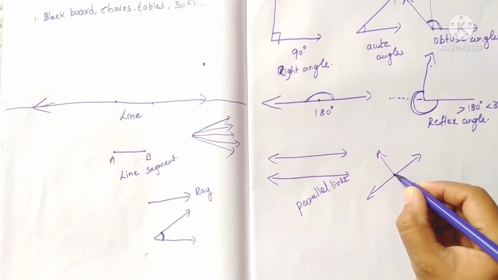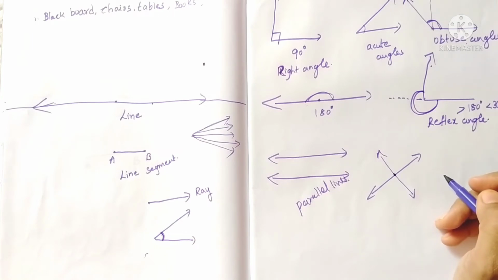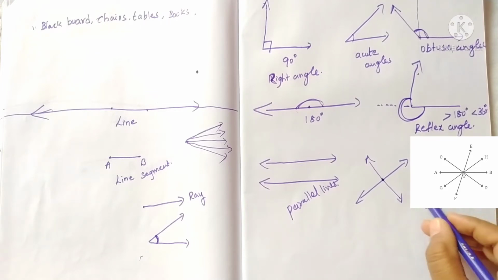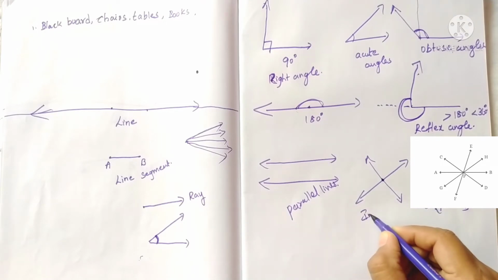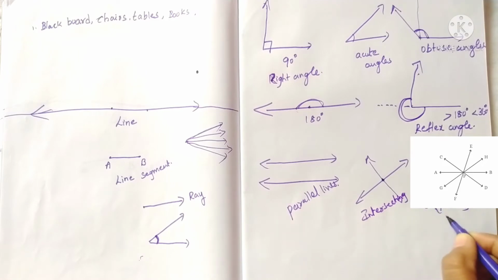These two intersect at this point. If three or more lines intersect at one point, they are called concurrent lines. These are intersecting lines, and these are concurrent lines.